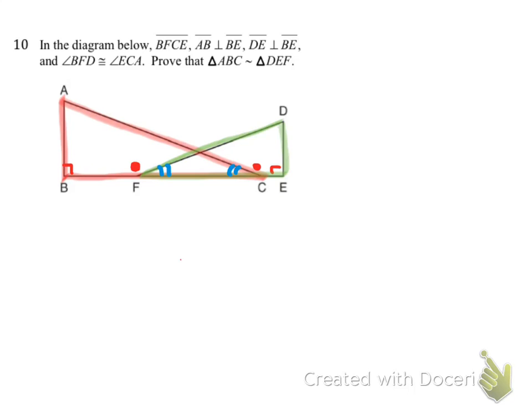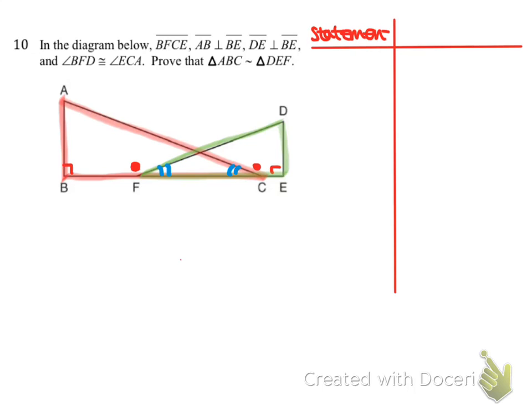Let's write them up. Alright, statement, and then the reasons. So here we have AB is perpendicular to BE, and then DE is perpendicular to BE.